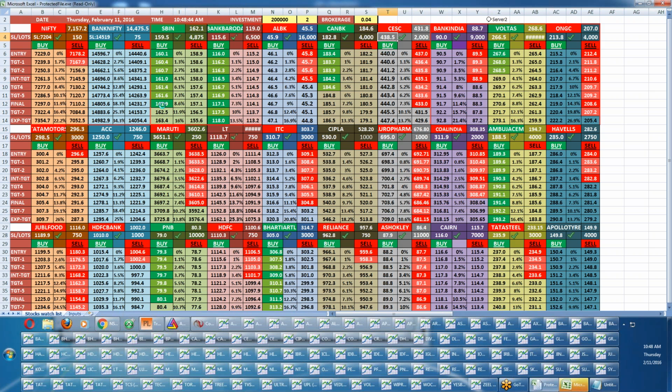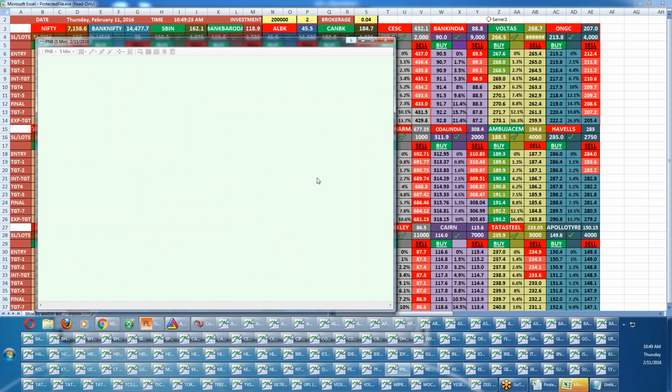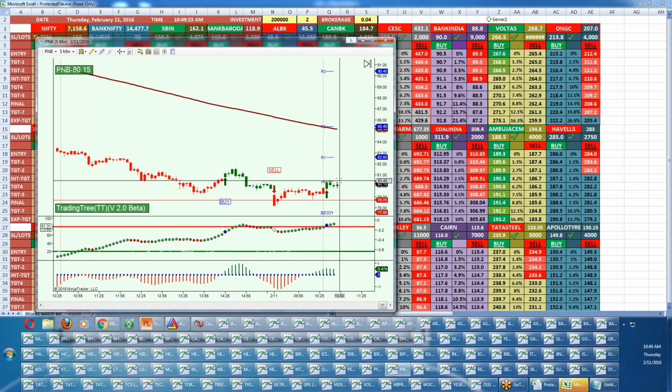SBI has done its final target of 161.90. PNB has done its final target, but we can still wait as we have a buy here currently. Once it breaks the PP, then you are headed towards 82.